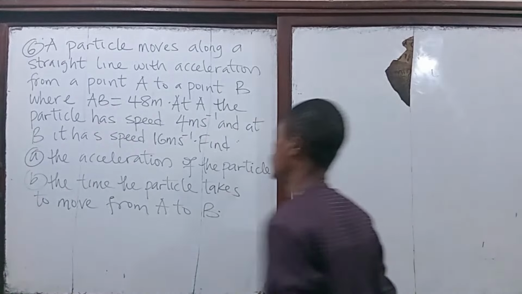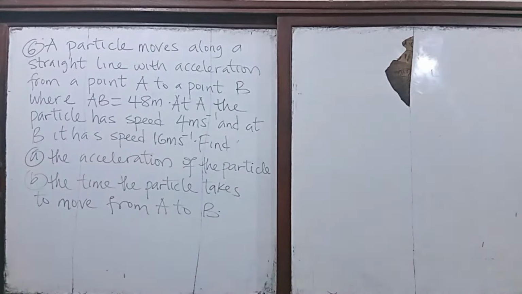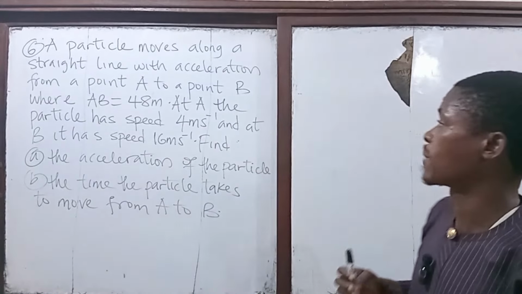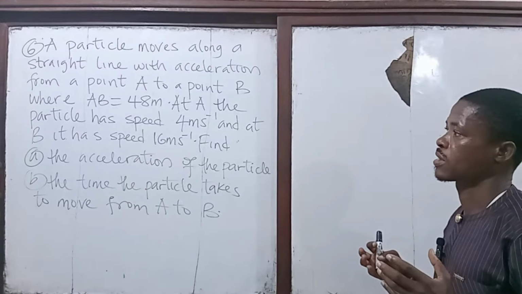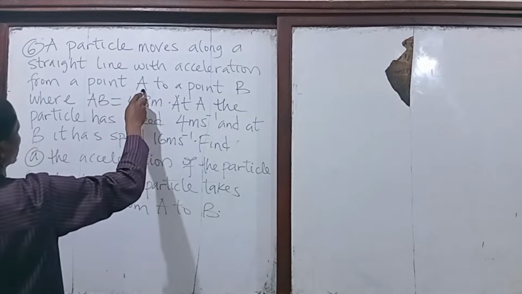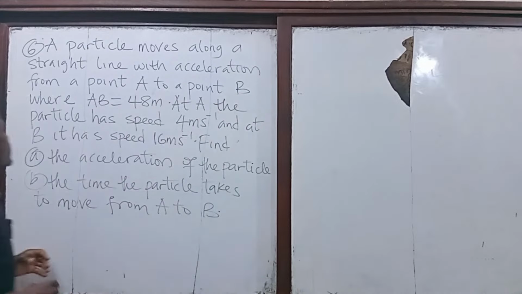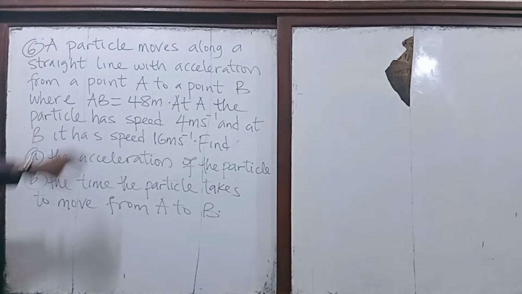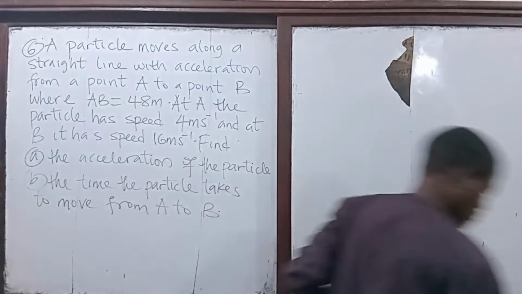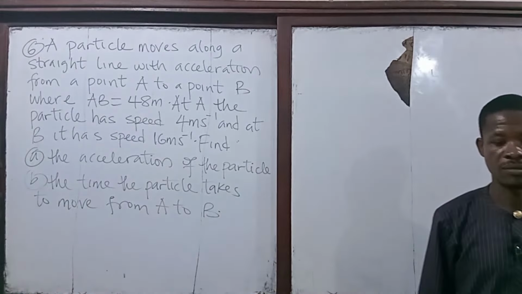So let's see what we have here. We have a particle. A particle moves along a straight line with acceleration from point A to a point B, where AB is 48.